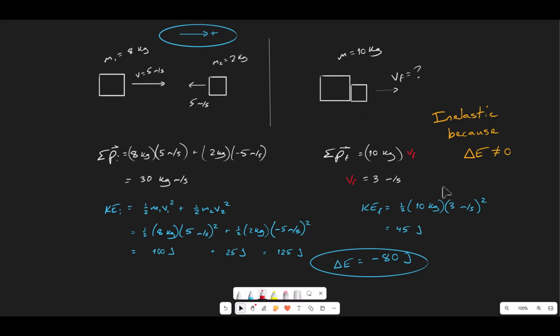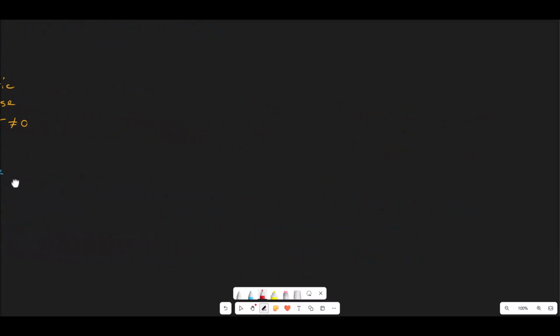But now let's look at what happens when things don't stick together. I'm going to start right back up with my same situation. Mass 1 is going to be 8 kilograms, moving 5 meters per second.